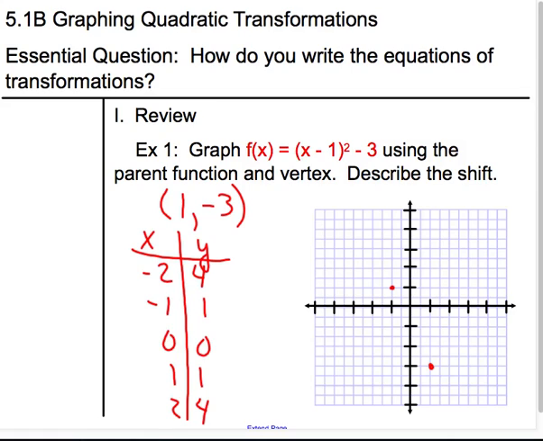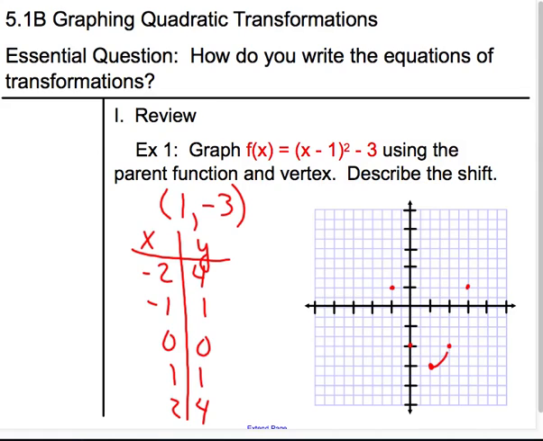For negative 1, 1, we shift 1 unit left from our vertex and 1 unit up to get our new ordered pair. 1, 1 would mean from our vertex right 1, up 1, and 2, 4 from our vertex right 2, up 4.